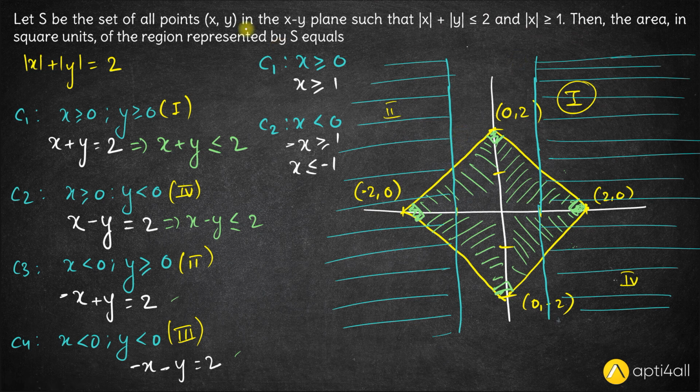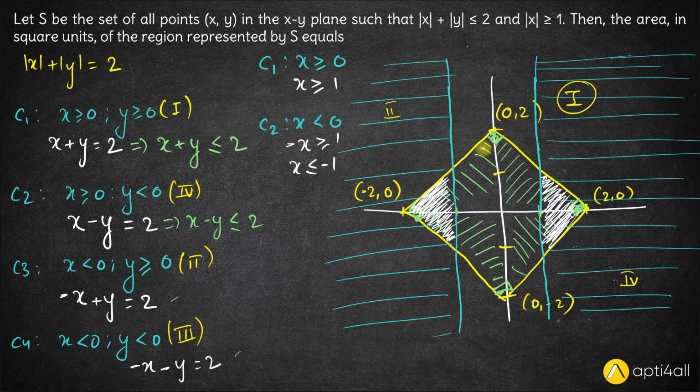Now S is the common region of both these graphs. The common region is this triangle here plus this triangle here. So the part in white is the common region to both these graphs.